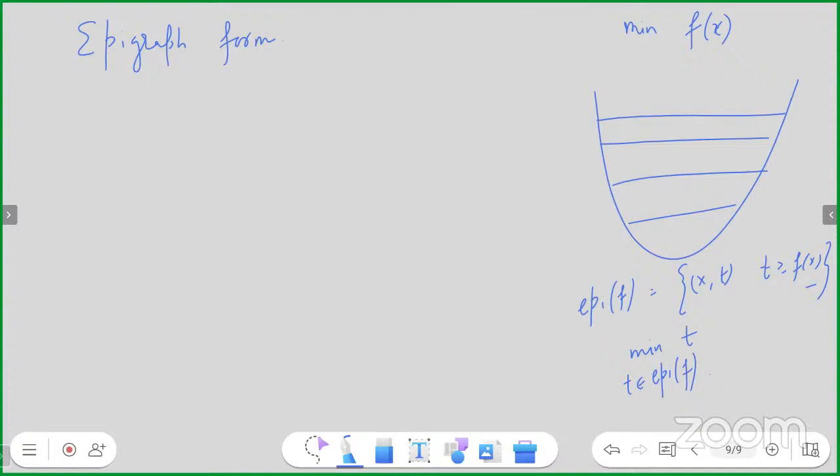Say it properly. You want to conclude that this answer is the same as this answer.